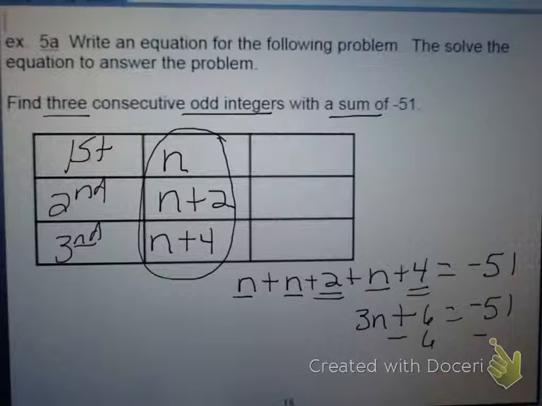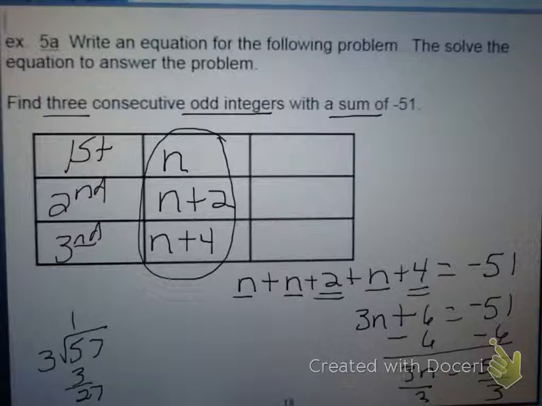Subtract 6 on both sides. That's 3n is equal to negative 57. Divide by 3. I'm going to go to the side and divide. 3 goes into 57 19 times, so n is equal to negative 19.